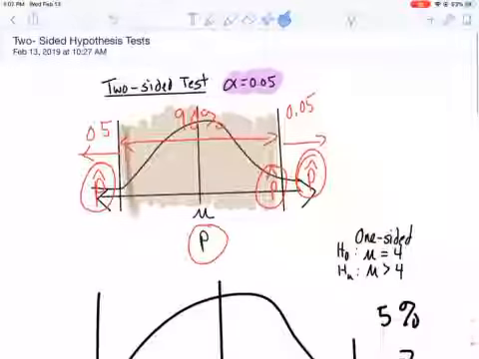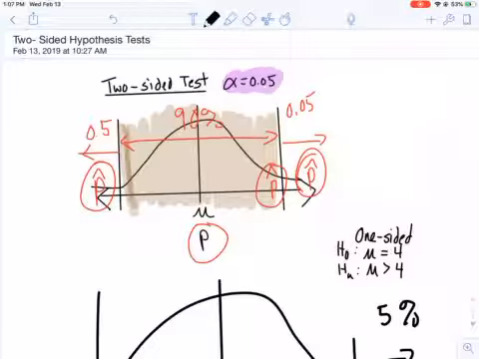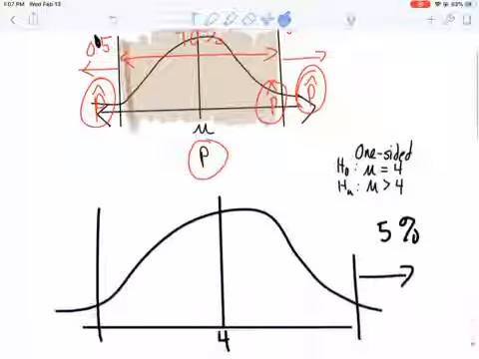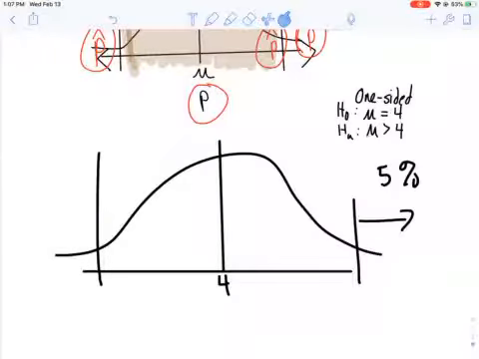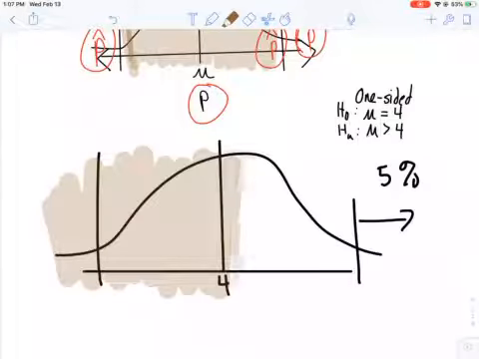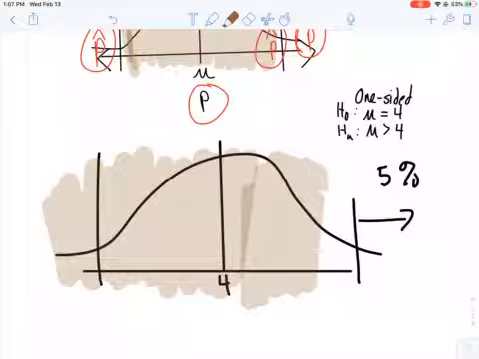And I realized I probably used the wrong value. Oh, yep, I did. Should put a 0 here. Whoops, no biggie. Because we're concerned with this 5%, which means if we get anything in here, that's enough evidence where we wouldn't necessarily reject our null. It'd have to fall within this upper 5% in order for us to reject the null.